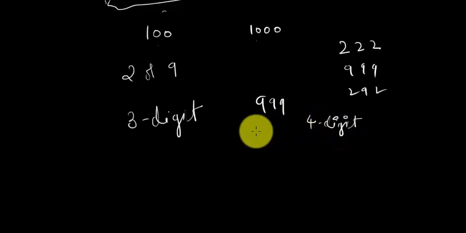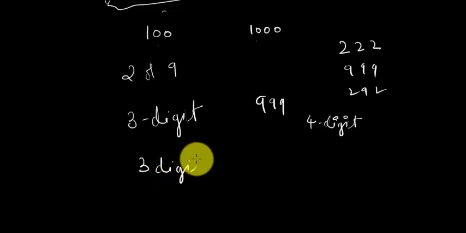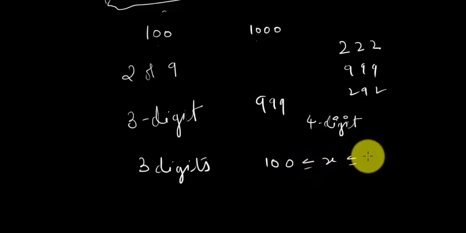So basically he's asking me how many 3-digit numbers between 100 and 999 are there which have only 2 and 9.